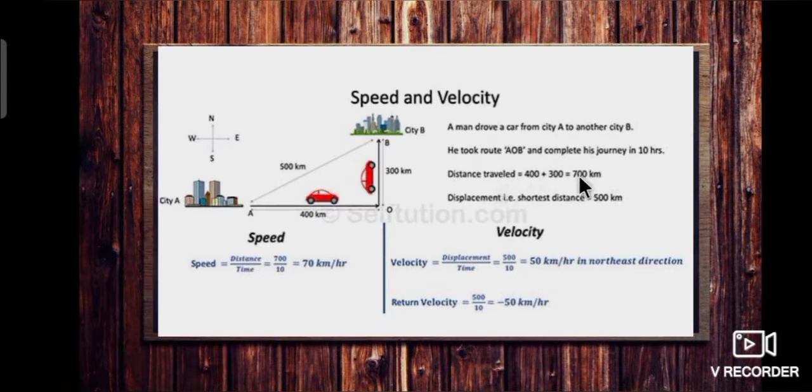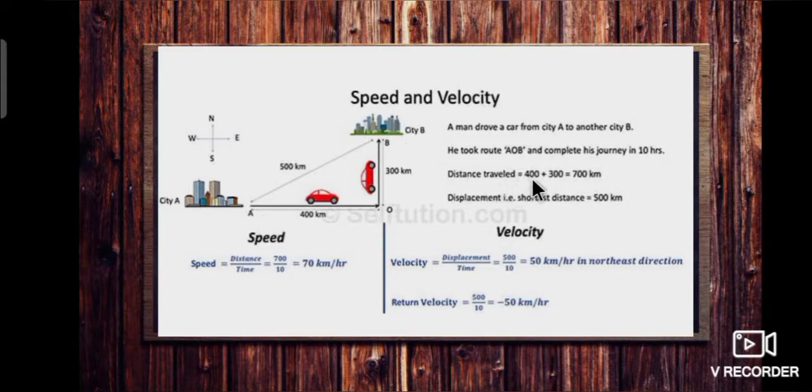Let's see one example. A man drove a car from city A to another city B. He took route AOB and completed his journey in 10 hours. So distance travelled is equal to 400 plus 300 is equal to 700 kilometer.